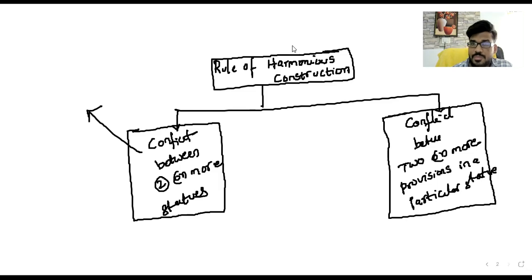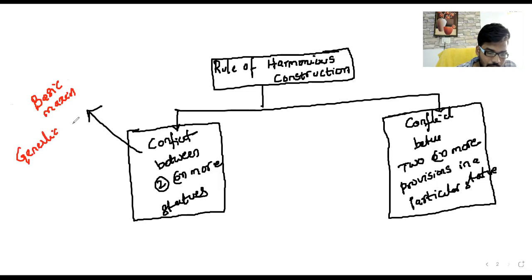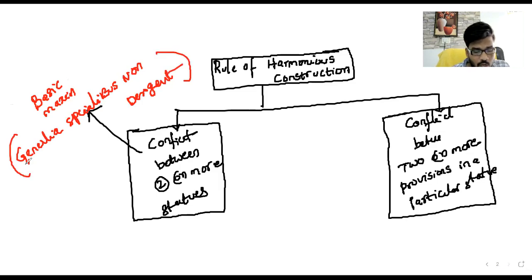Listen carefully. Whenever there is a conflict between two or more statutes, there is a basic maxim. What is the basic maxim? Generalia specialibus non derogant.